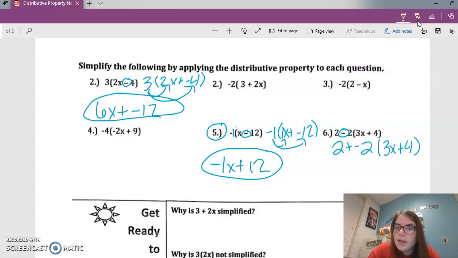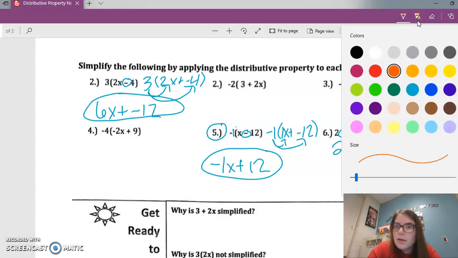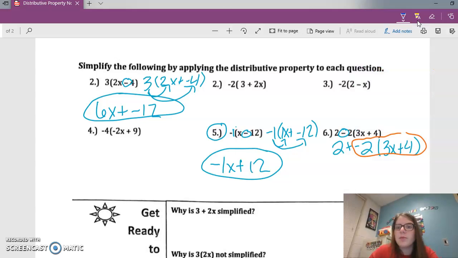I'm going to leave the 2 plus out here. Now I have to do -2 times 3x, which gives me a -6x. And then -2 times the 4, so I'm going to have plus a -8.